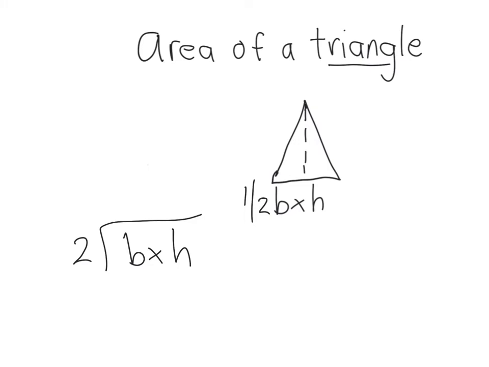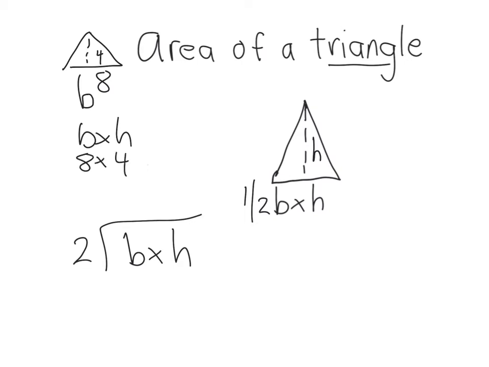Okay, so if we remember that the dotted line is the height and the bottom of the triangle is going to be the base. So if my base of my triangle was 8 and my height was 4, the first thing I would do is base times height, so 8 times 4, and that equals 32.